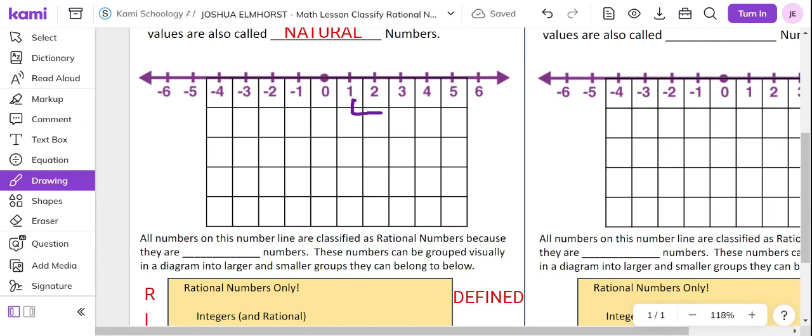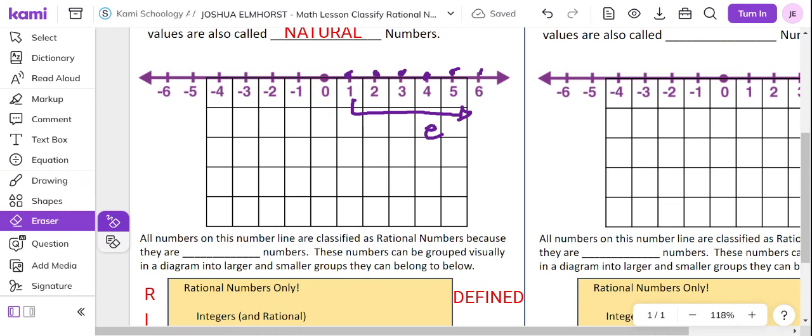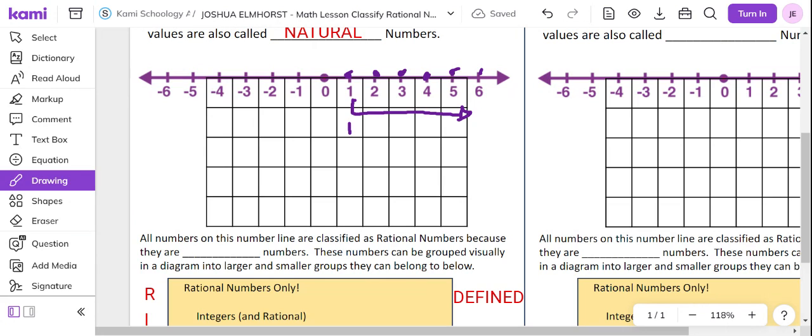Well, any number that is positive, starting with 1, 2, 3, 4, 5, 6, these are whole numbers. That's incorrect. These are natural numbers.